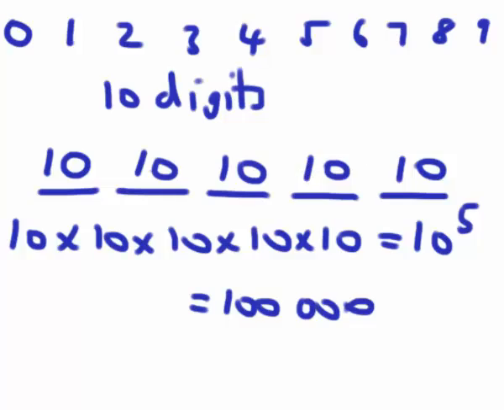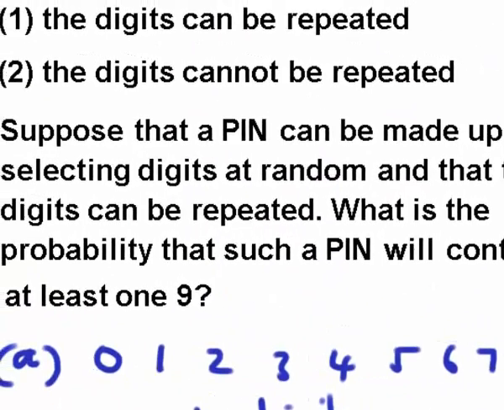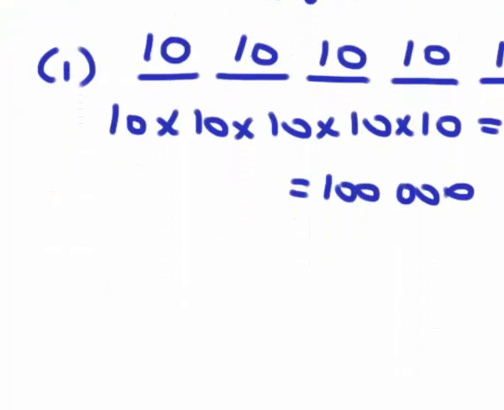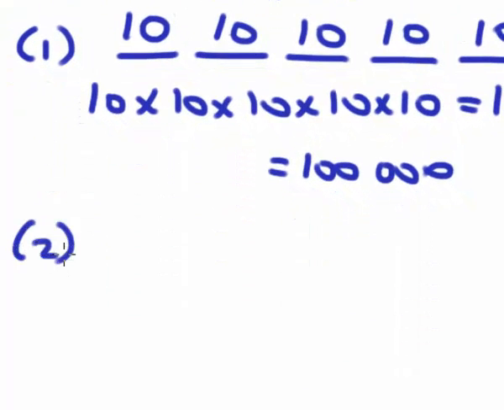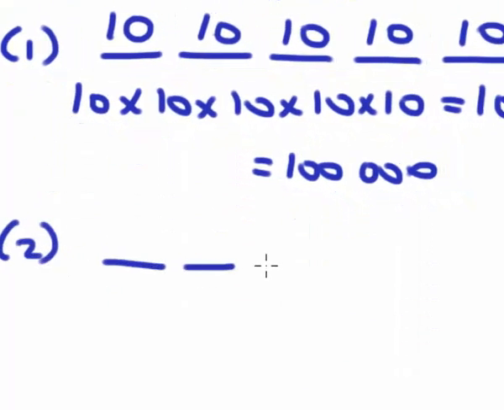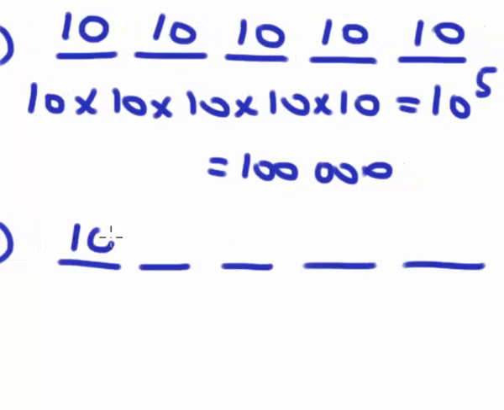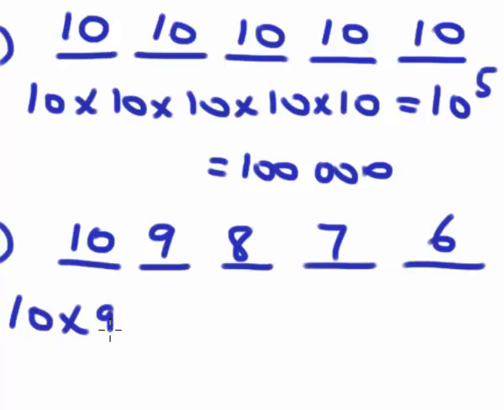Okay, now if you're not allowed to repeat the digits, a different thing happens. So if you can't repeat, for the first position you can choose any of the 10. But now you've used one. Say you've used 4, now you're down to 9, and then you're down to 8, 7, and eventually 6. So if you multiply this, how many possible PIN codes could you have?